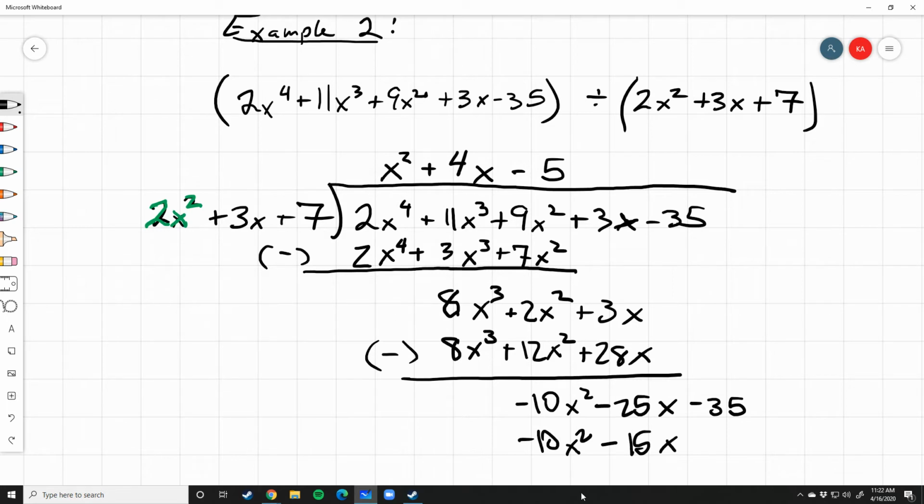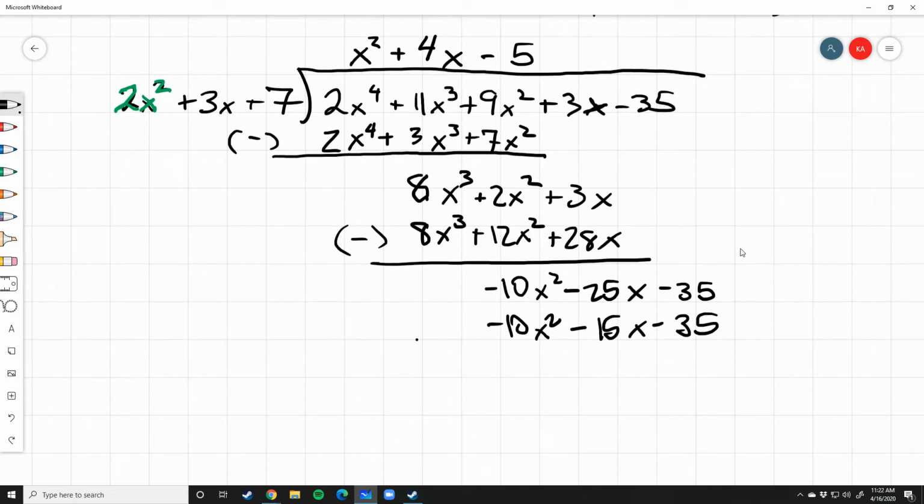And negative 5 times 7 gives us negative 35. We'll subtract. The first column cancels. Second column gives us 10x, and the third column gives us 0, in fact. So I won't bother to write it. And there's no other numbers to drop over here.